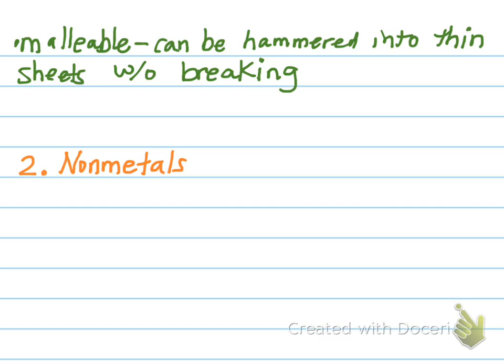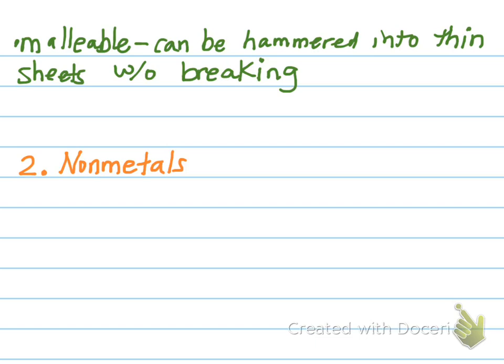That's why many early civilizations ate out of and put their food in a metal container, because I can have a big chunk of metal and I can hammer on it and shape it and make it thin.